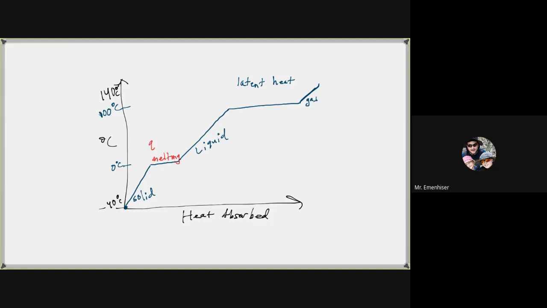And so we're going to do Q equals M delta H of fusion. Okay, I know that looks bad. It's hard because I'm zoomed in a whole lot on the iPad. And then this is boiling here. So this is going to be Q equals M times the delta H of vaporization.